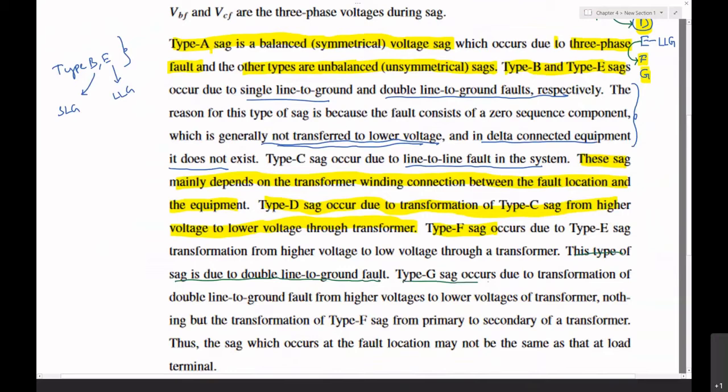Type G sag occurs due to the transformation of double line to ground fault from higher voltage to the lower voltage levels of the transformer.